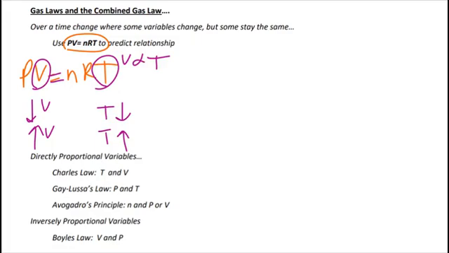Now, if I had to take a guess, how do you think that pressure is related to temperature? Well, again, they're on opposite sides of the equal sign. So let's just take a gander and let's see, is pressure directly related to temperature?